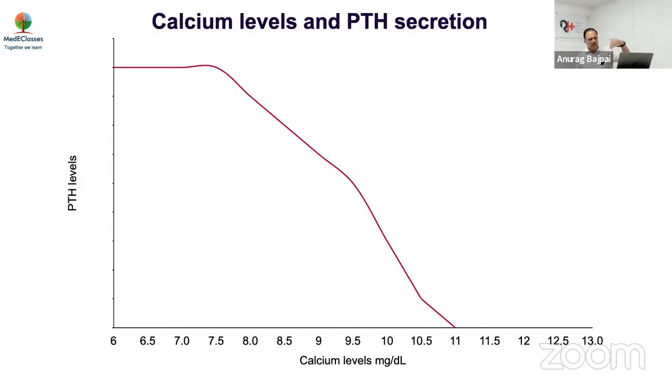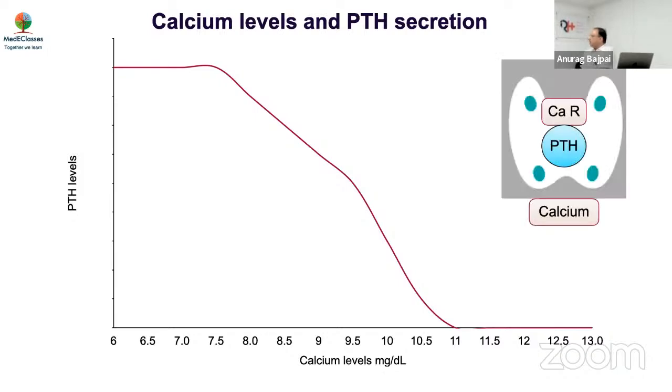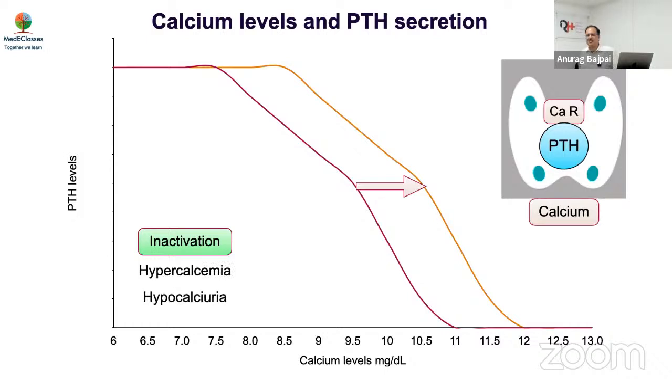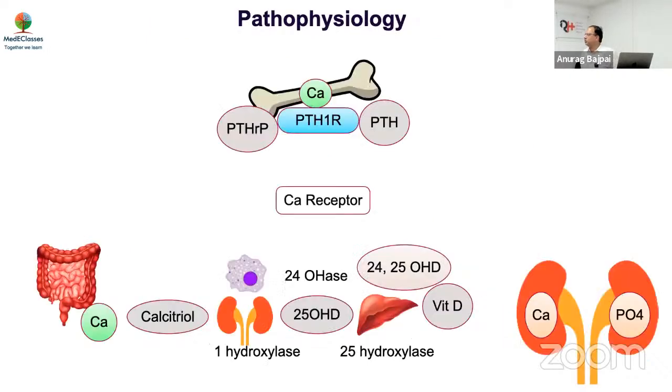As your calcium levels go up, the PTH level will really go down. Now, in somebody who has a calcium sensing inactivating mutation, this curve is shifted towards the right side. So for every level of calcium, your PTH level will be on the higher side. In a way, the body is not responding to the calcium. You will have hypercalcemia with hypocalciuria.